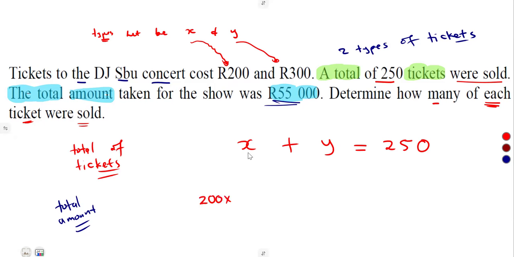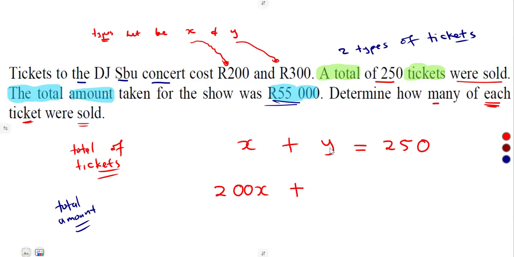We do not know. So if we take that X and multiply by 200, it is the total. Maybe X is equal to 5 or X is equal to 7. We have a total amount. So 200X, plus what?